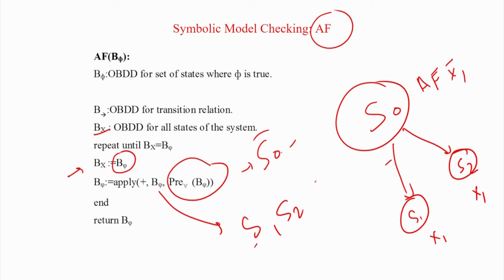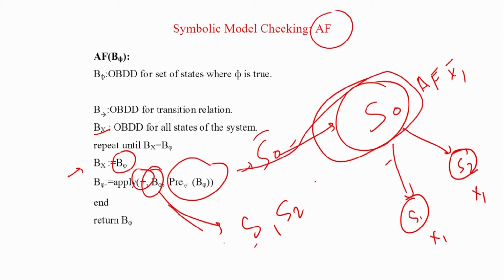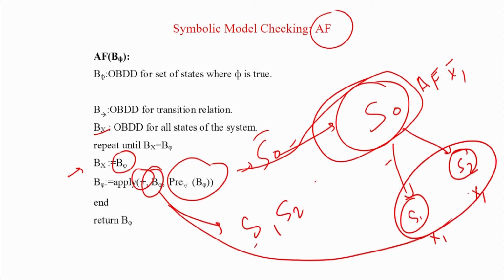So, this one is computing for this, and then we go for an OR operation. This one is going to give you this state, and B of phi is going to give you states S1 and S2, and finally the OR operation gives us S0, S1 and S2.